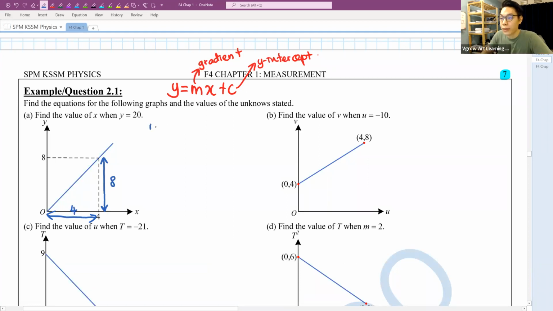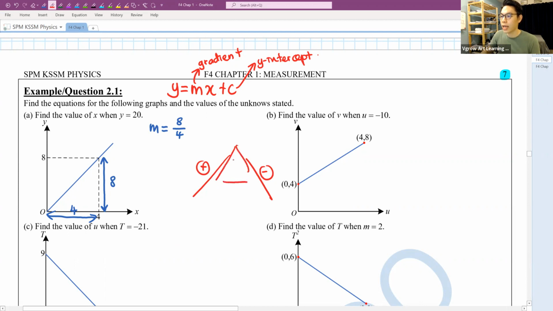So the gradient is going to just be 8 over 4. And remember, last week I taught you that all your gradients that are positive will look like this one. All your gradients that are negative will look like this one. Positive gradient, negative gradient. It looks like an A shape.